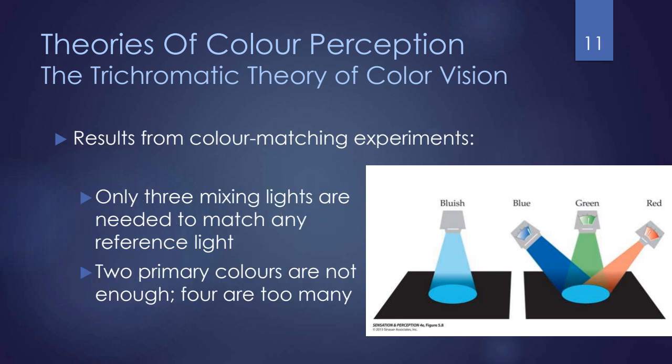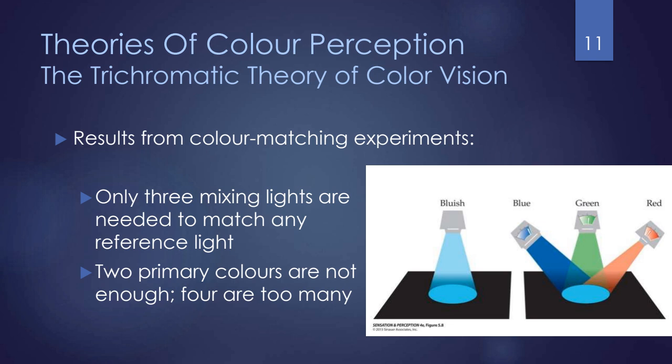One of the key findings from Maxwell's color matching experiments was that only 3 mixing lights were necessary to match any reference light that he would give them. 2 primary colors were not enough. If you only had blue and green, or only green and red, that wouldn't be enough to match any reference color that you would be given.